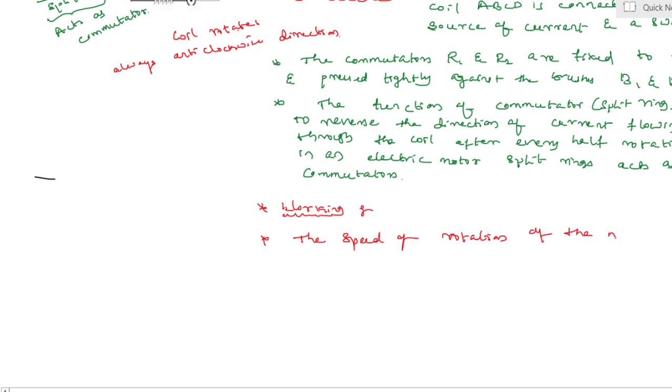Second, a large number of turns of conducting wire in the current carrying coil. It means motors come in HP ratings, half HP, 1 HP, so the number of coils and the amount of wire will be increased. Third, a soft iron core on which the coil is wound.